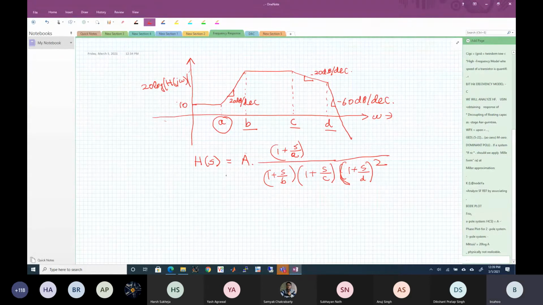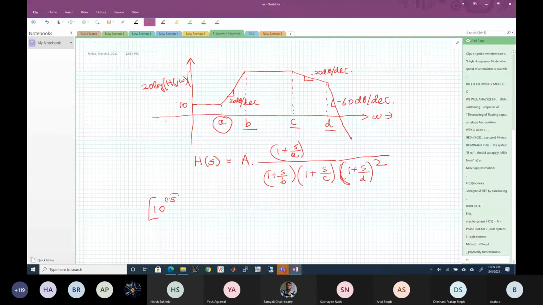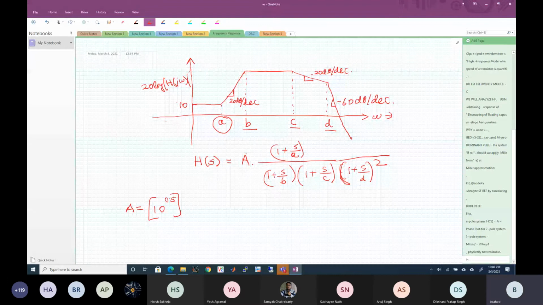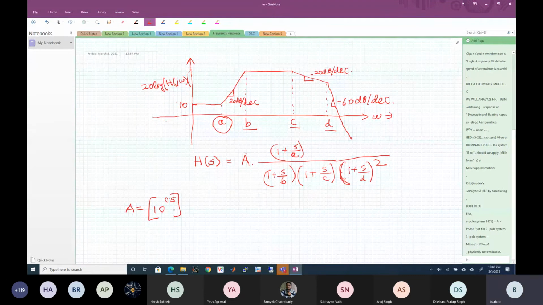What will be this value A? 10 to the power of 0.5. Correct? Correct or not? Anybody has any questions on this?